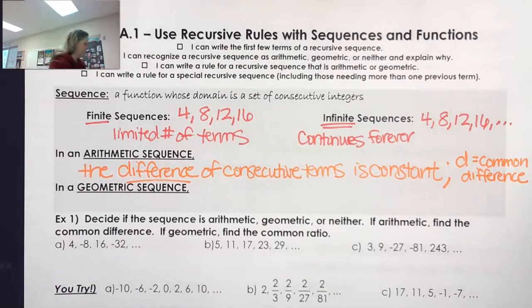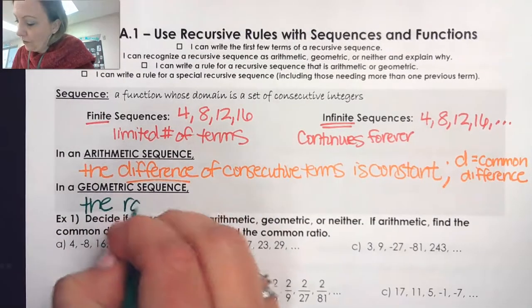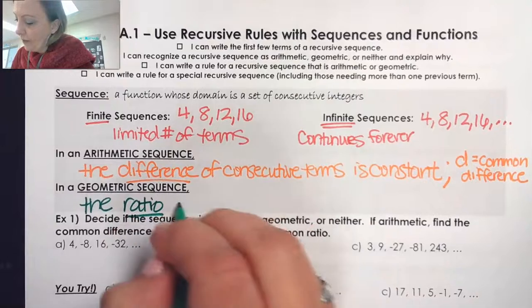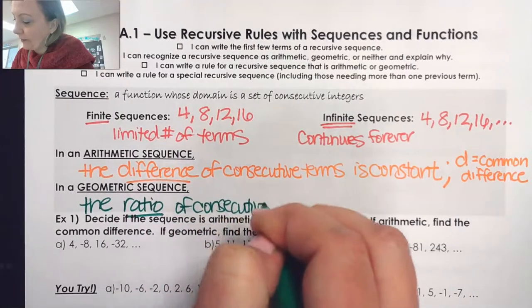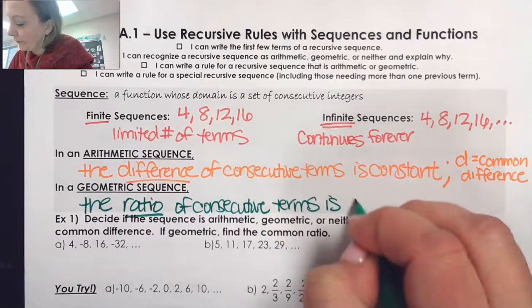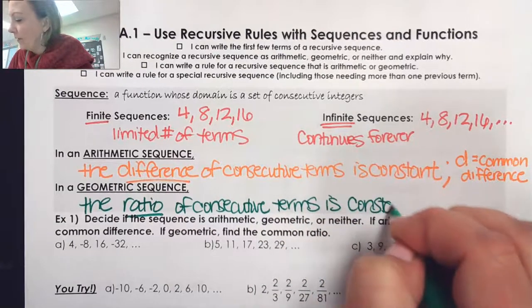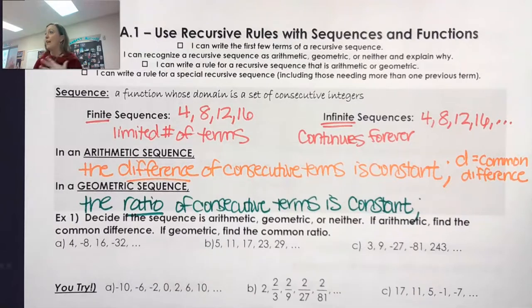And so let's contrast that with a geometric sequence. If we have a geometric sequence instead, we say that the ratio of consecutive terms is constant. And when we talk about the ratio, that's when we're dividing terms.